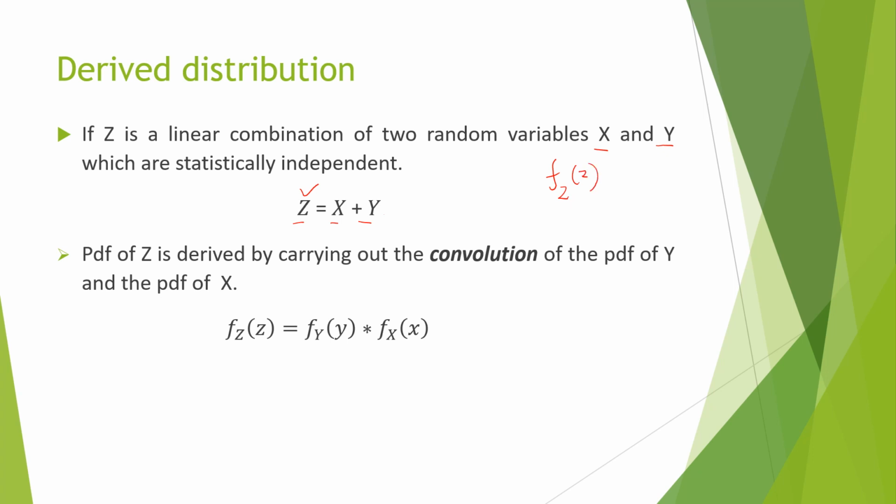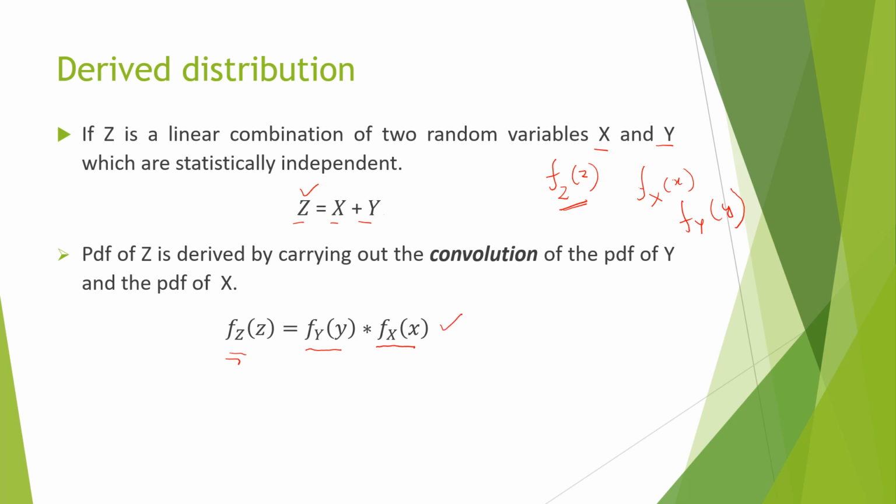It can be proved that if two random variables x and y are added, and the PDF of x is f of x and the PDF of y is f of y, then the PDF of the resultant random variable z is given by the convolution of the PDF of x with the PDF of y.